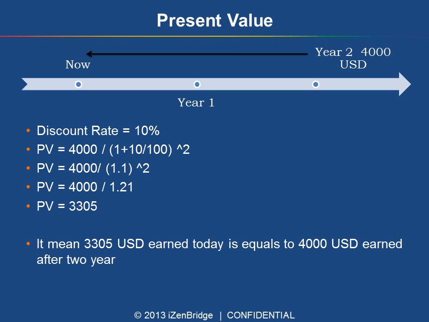So it comes to 4,000 divided by 1.21, which becomes 3,305 approx. So this calculation tells us that the $4,000 which we are getting after 2 years is equal to $3,305 which we earn today.